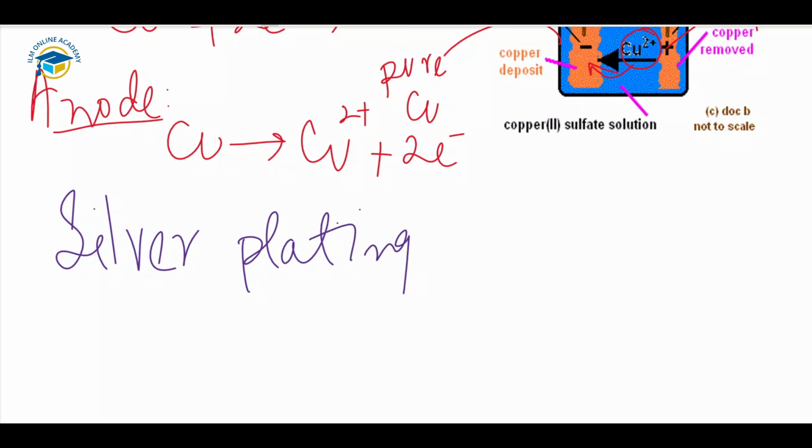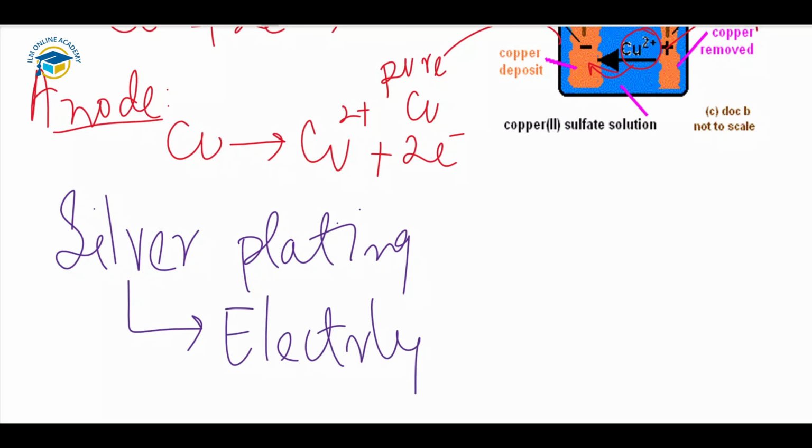For silver electroplating, the electrolyte is a solution of silver salt. Any silver salt can be used as an electrolyte, and the item to be plated is made the cathode in the cell so that the metal ions move to it when the current is switched on.